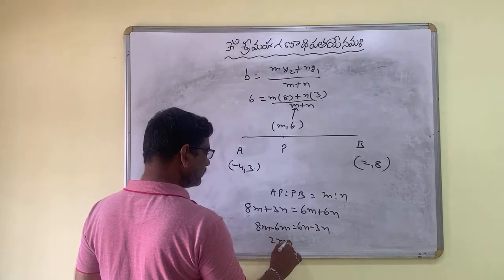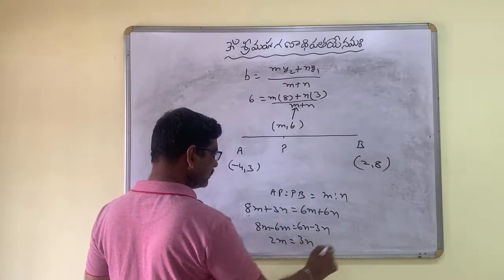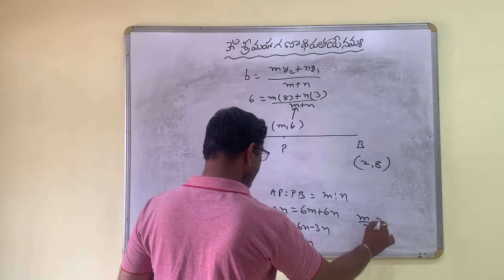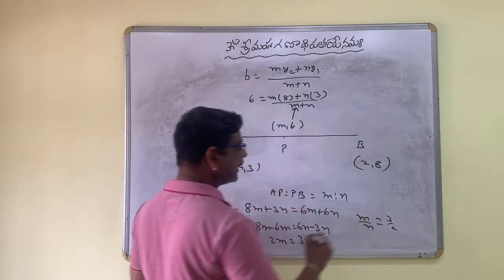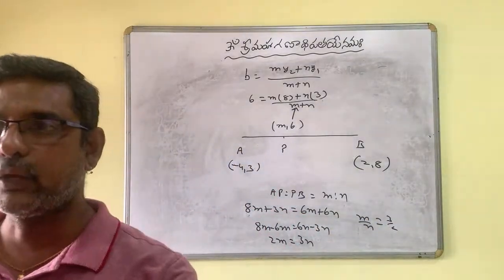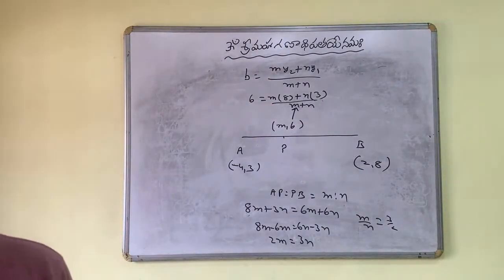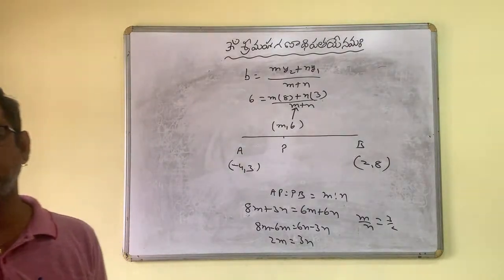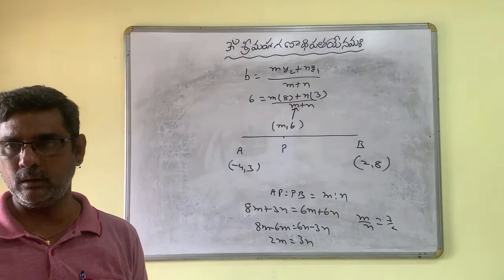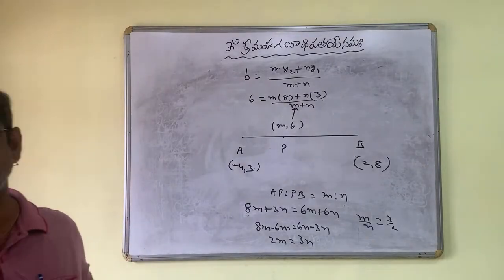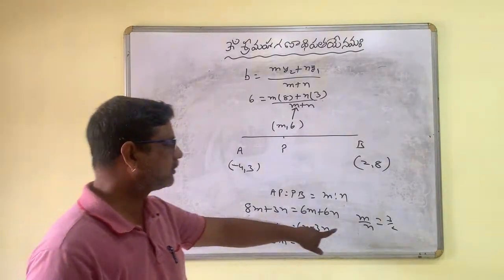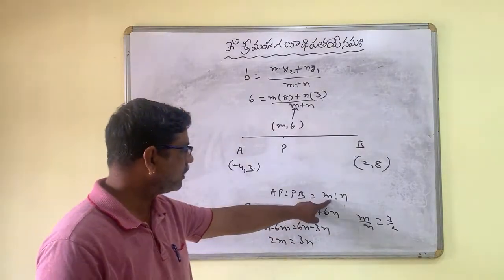So 2m is equal to 3n. m by n is equal to 3 by 2. Ratio is 3 by 2. Okay, that means 3 is to 2.